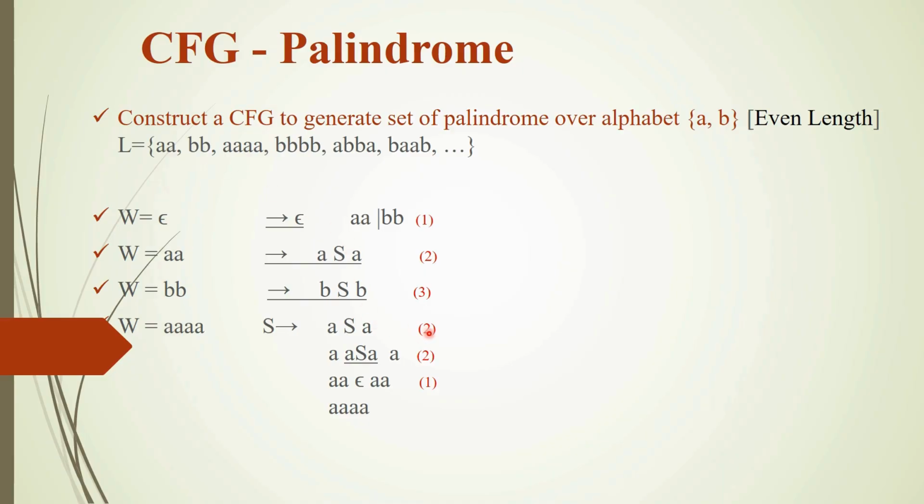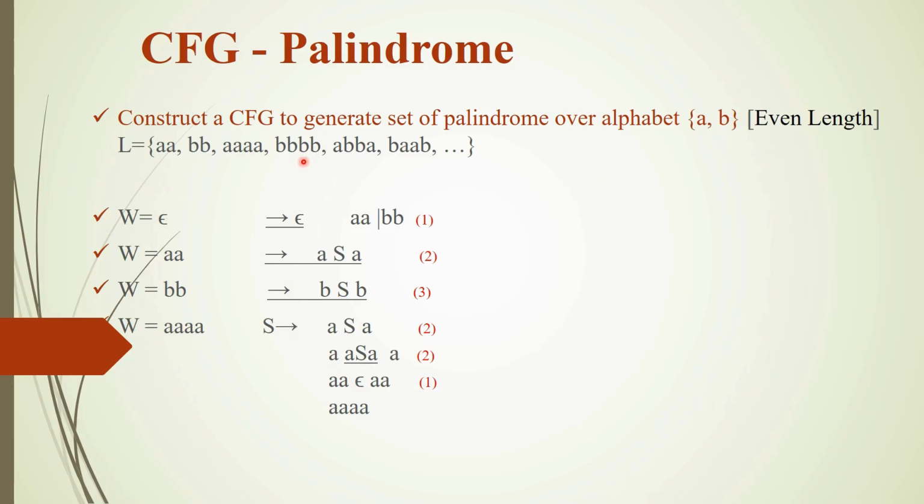I am using the second expression: I initiate with a S a. Now the non-terminal S is substituted again with expression number 2, so the string becomes aa, the non-terminal, then aa. Then I have to replace the non-terminal with epsilon, because I get my whole string, which is four times a.